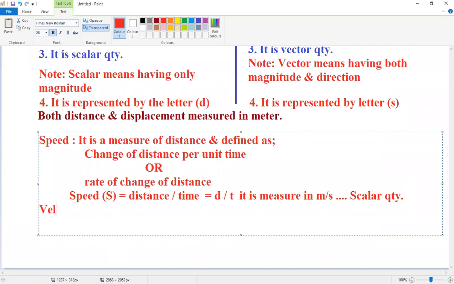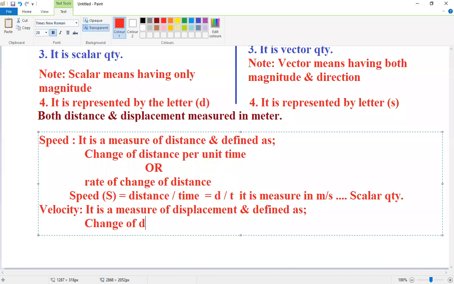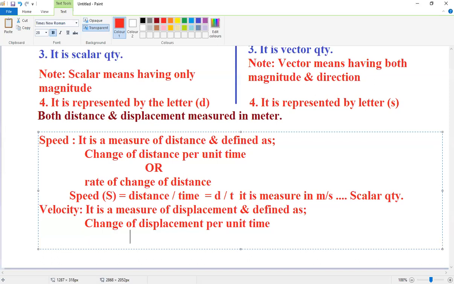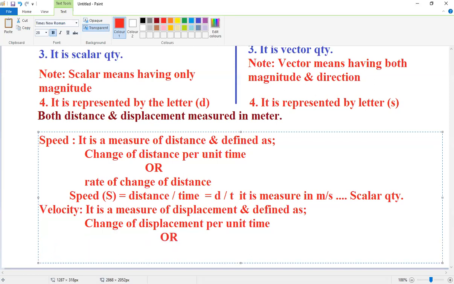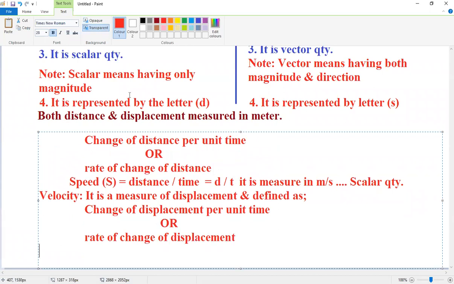And the next term, velocity. Velocity is a measure of displacement and defined as change of displacement per unit time, or rate of change of displacement.